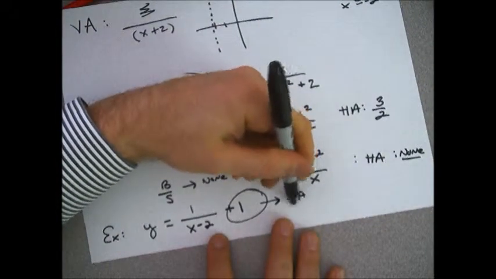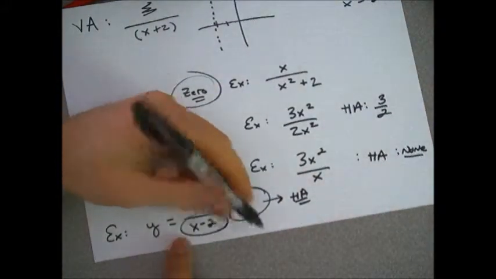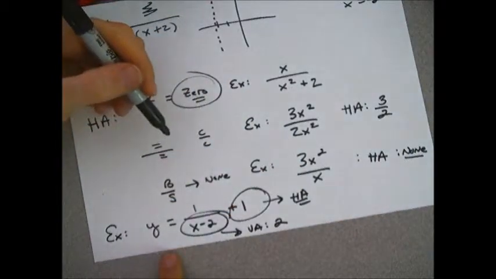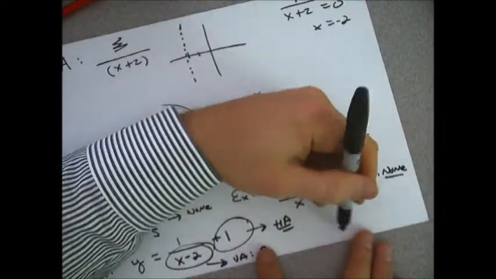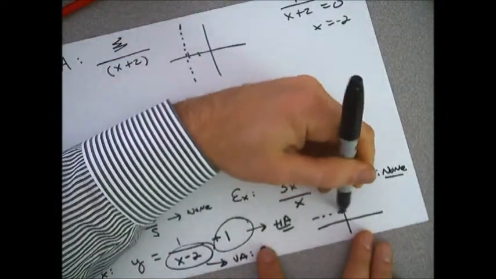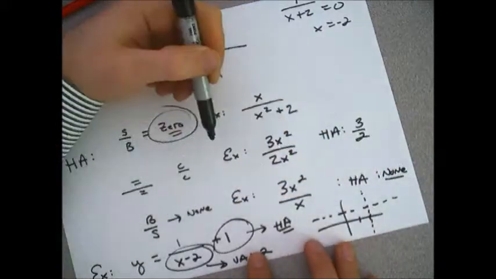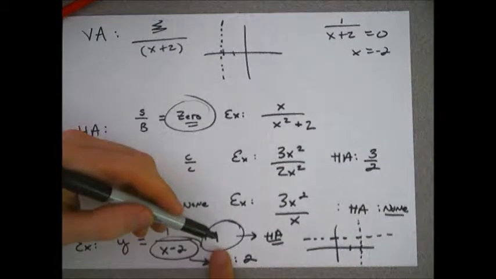If there's a number that's dangling outside there, that is your horizontal. And then the number down here still, you zero it out, what would my vertical be? The vertical would be 2. So what would you do with the horizontal? So if I'd go to graph this, what would it look like? I'd have a horizontal at 1 and a vertical at 2. So anything out there is your horizontal? If that number's out there, that's your horizontal.